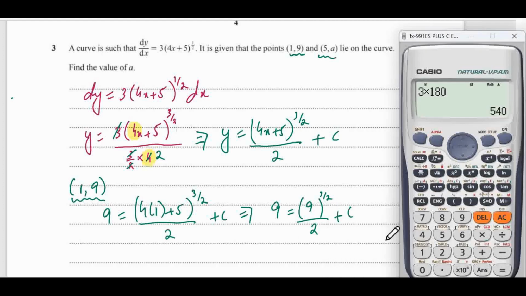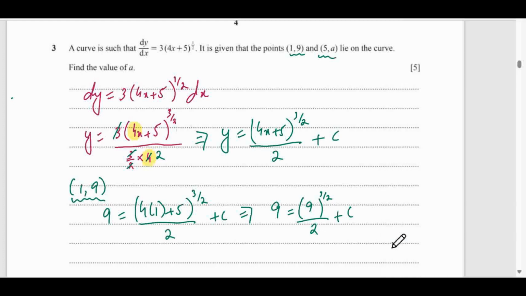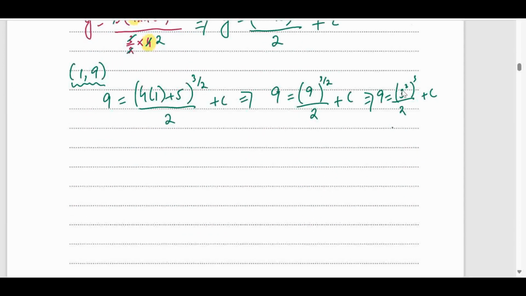Let me simplify it further. So this will be 9 equals 3 square whole power 3 divided by 2 plus c. So this will be 9 equals 27 by 2 plus c. So 9 minus 27 by 2 equals c.